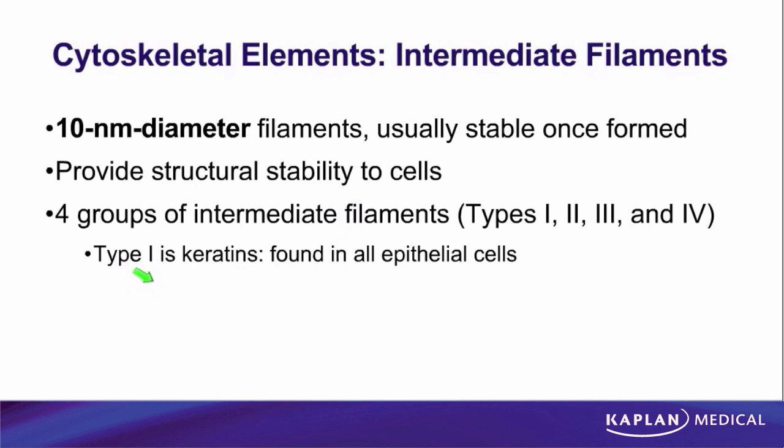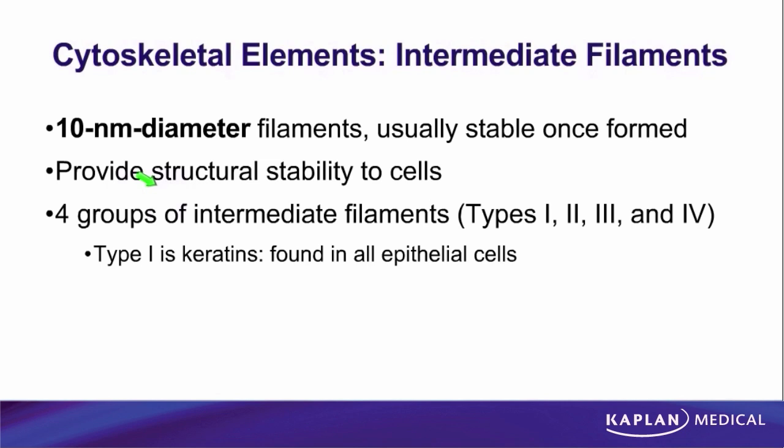The other thing that's different about them is that they are stable, in contrast to the microfilaments, where we said that they are continually turning over, continually polymerizing and depolymerizing. In contrast to that, intermediate filaments are stable. And the fact that they're stable is consistent with their function, because their function is to provide structural stability to cells.